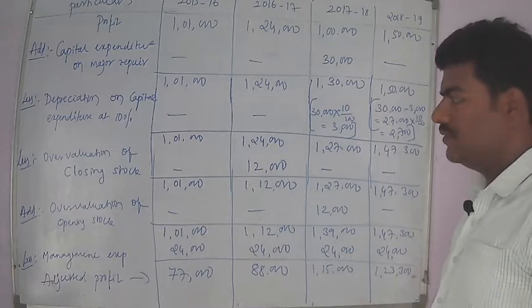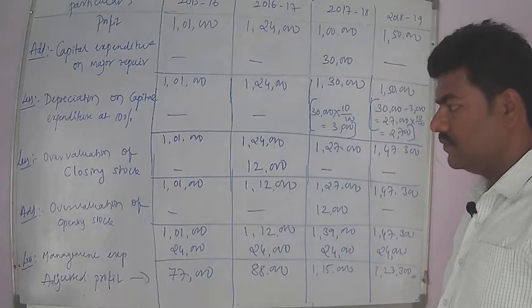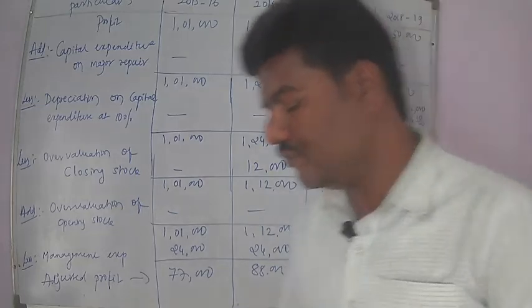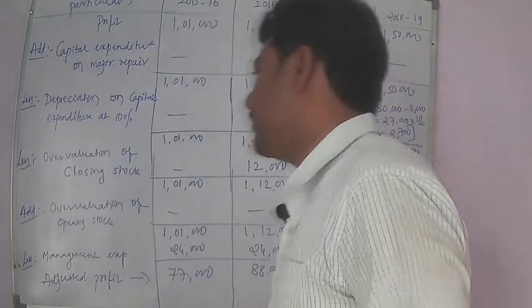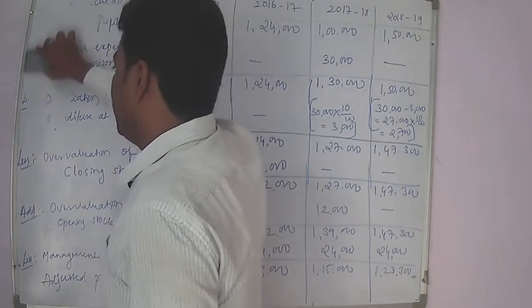I think it is over. Yes. The next step would be calculation of weighted profits. They have given weights for all the years.